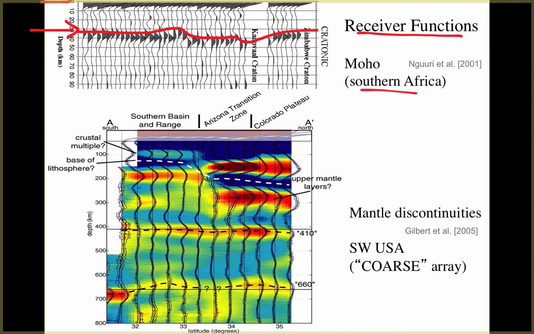We can look to any depth by using lower frequencies here in the southwest USA. Instead of looking down 30 kilometers, we can look down 300 or 400 kilometers to see converters at the mantle transition zone at 400 and 670 kilometers, the boundary between the upper mantle and the lower mantle.